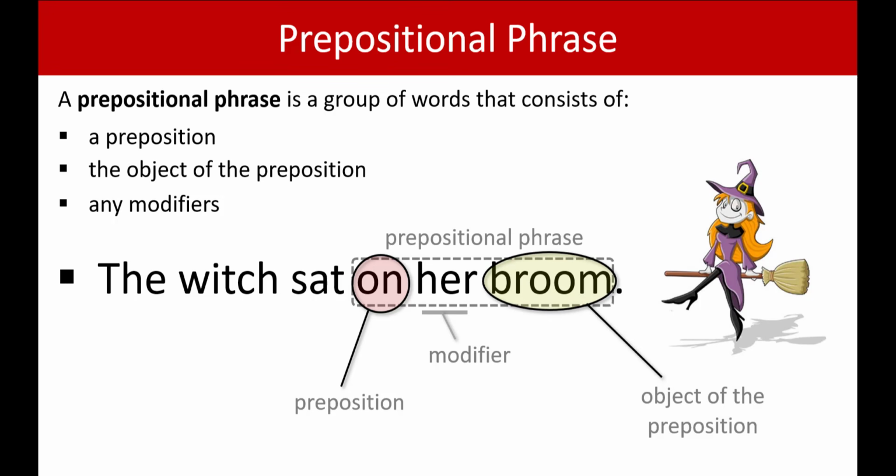That is the definition of a prepositional phrase. And because I know you're interested, do you think this one is functioning as an adjective or an adverb? Well, it's modifying the verb sat, so it is functioning like an adverb.